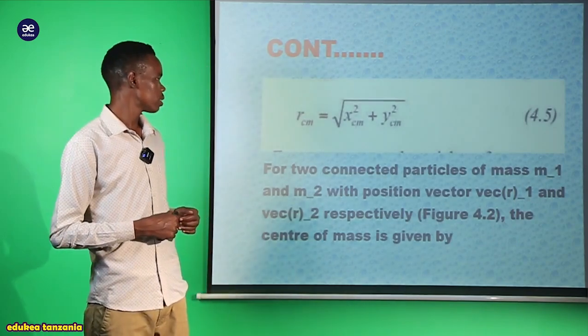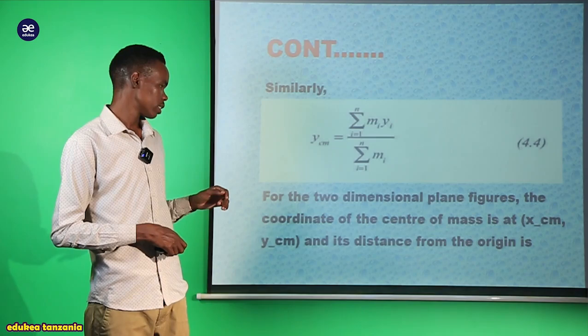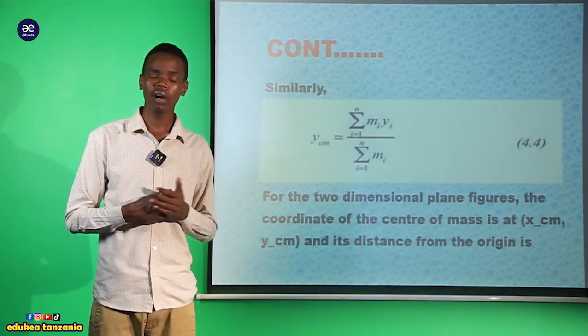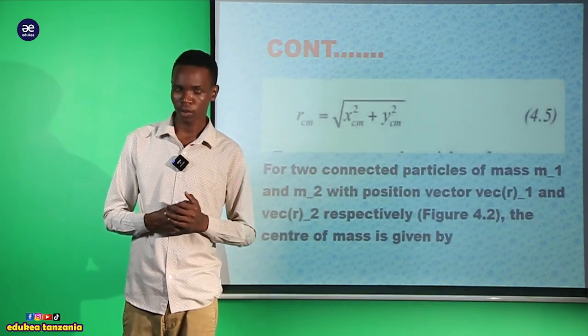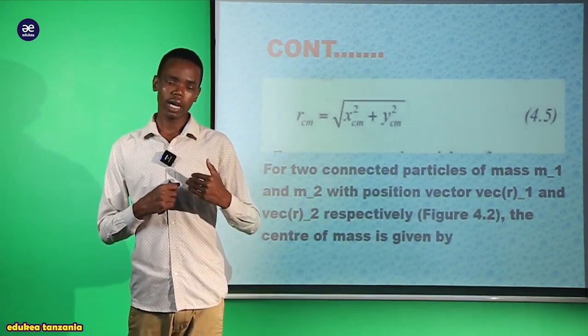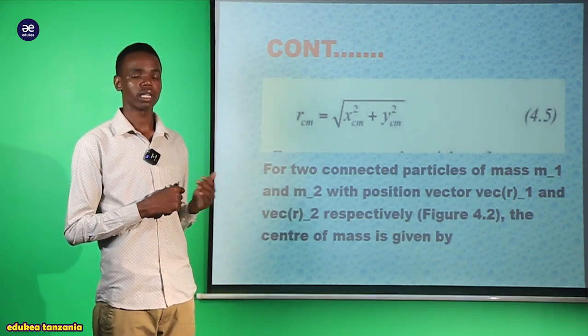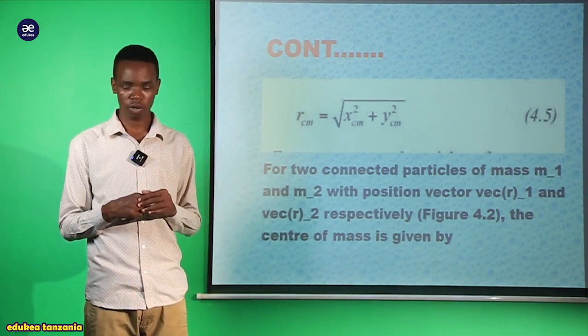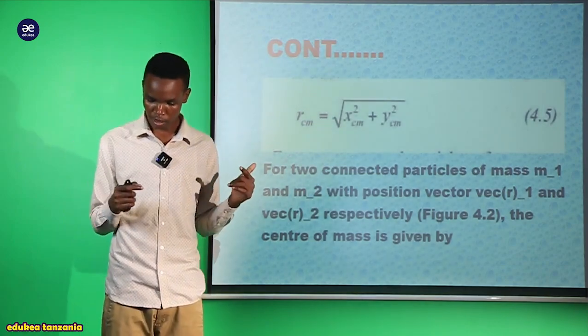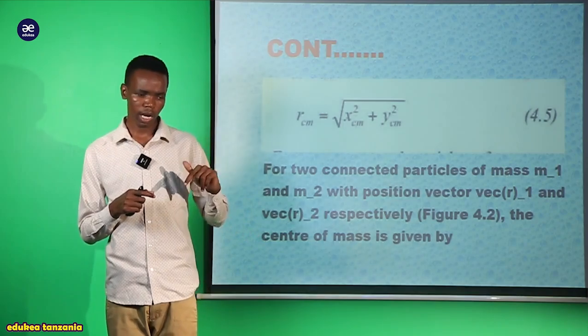So my lovely students, if we want the distance from the origin, it means from the origin up to the center point. Now we should consider the displacement, the radius, obeying the Pythagoras theorem.